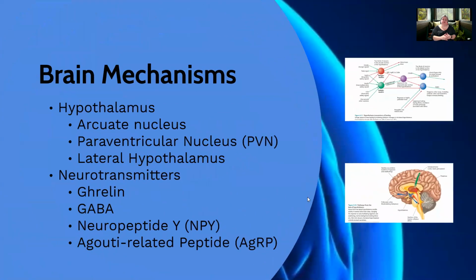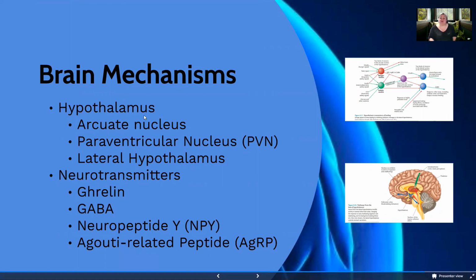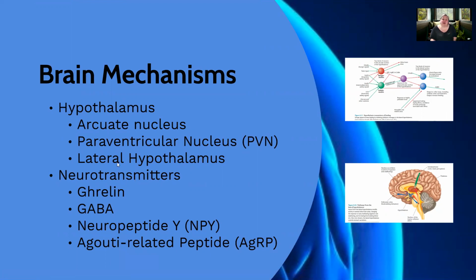So the last thing for this lecture is the brain mechanisms associated with hunger. Should be no surprise that, again, you see the hypothalamus is associated with this as well. And these are the different branches related to the hypothalamus: the arcuate nucleus, the paraventricular nucleus, and the lateral hypothalamus.